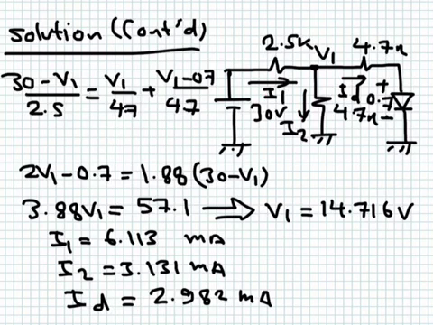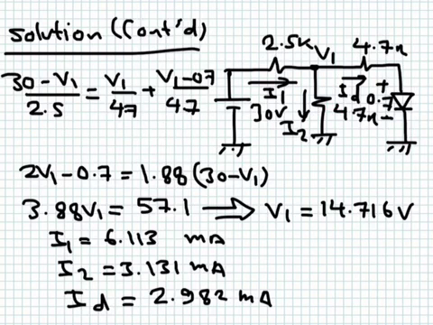And you can simply say that 30 volts minus V1 divided by 2.5K, which will give me the current I1, is equal to the two currents flowing out. This current I2 is V1 divided by 4.7K, and this current ID is equal to V1 minus 0.7 divided by 4.7K. And this is what we have here.